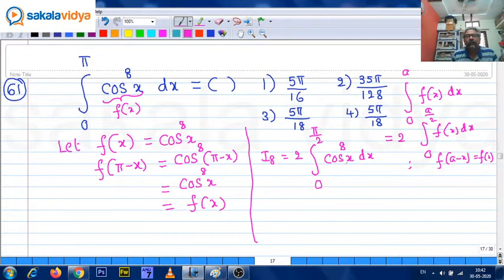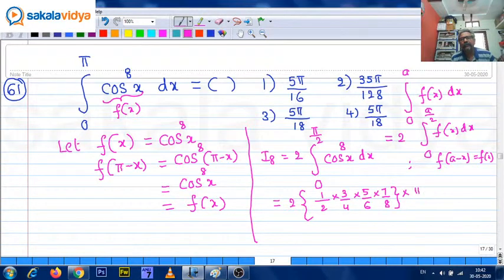So now how to count? We need to count from 1. 2 times 1, 2, 3, 4, 5, 6, 7, 8. Even power, so multiply with pi by 2.